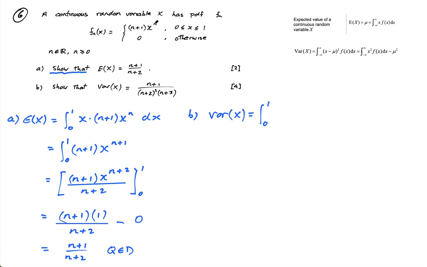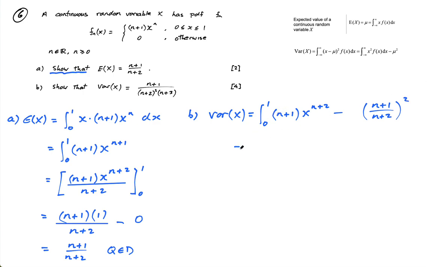X squared times x to the n is x to the n plus 2. So it's n plus 1 times x to the n plus 2. That's x squared times f of x. And then I minus the mean squared, which is the expected value of x squared, which is this. So it's minus n plus 1 over n plus 2, squared.